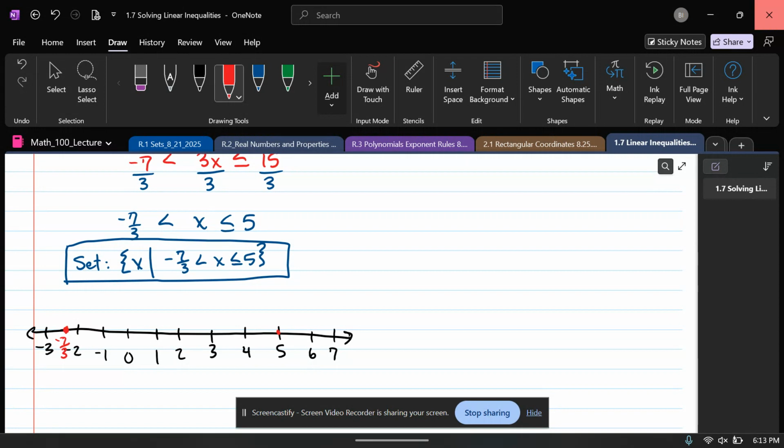So what symbol goes on the -7/3? Parenthesis, because it doesn't have the equal to mark. What symbol goes on the 5? A bracket. Notice how they're both opening to the inside, because where are our answers? In the middle. X is in the middle, so all the answers are between those two. That's a compound inequality.